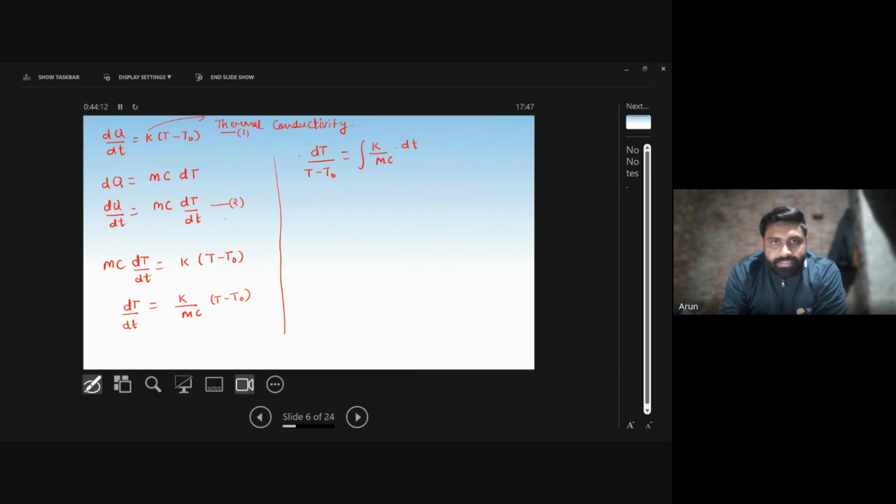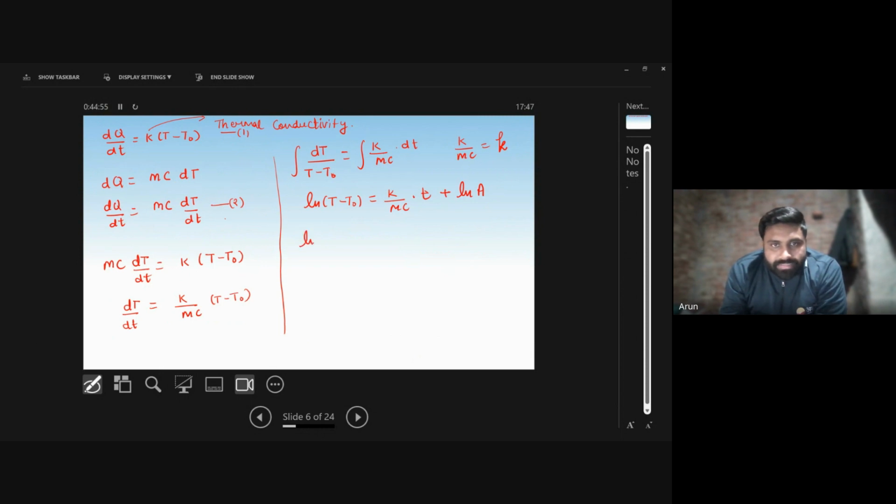Now if you integrate it, and we will take an indefinite integration, 1 upon x dx results in ln x. So this will become ln(T minus T naught) equals k upon mc, which is also constant, into time t. Now k upon mc you can consider to be a small k, plus another arbitrary constant, let's say ln a.